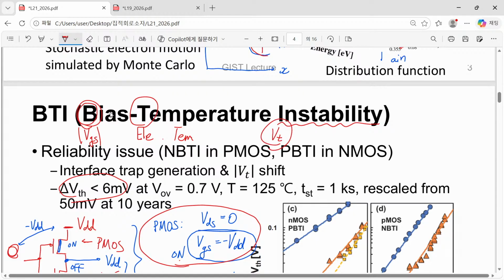When we make a fresh device, it has a certain threshold voltage. But if we apply high temperature and high bias, then its threshold voltage drifts, and one year later we have a different device whose threshold voltage is much different from the previous case.